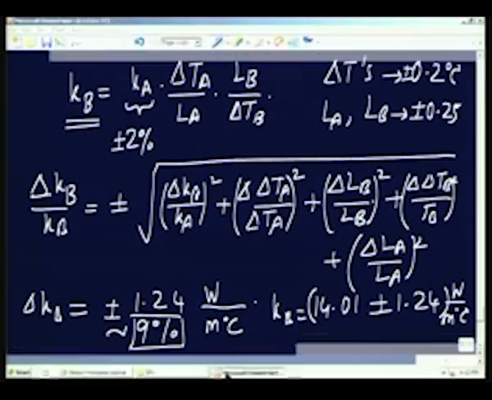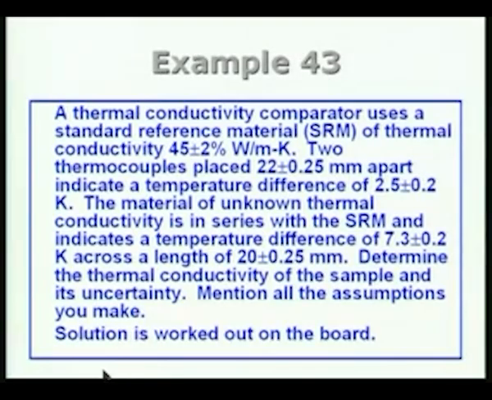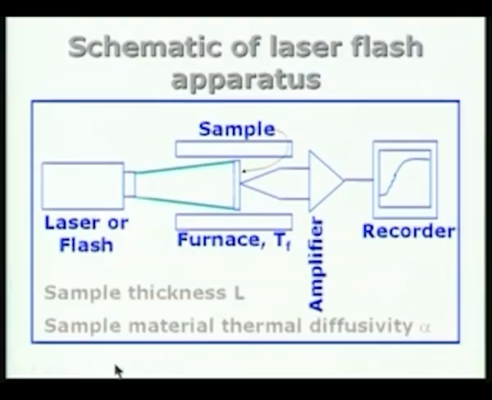So with this, we have looked at basically the measurement of thermal conductivity by steady state methods. What I will do now is to look at the measurement using an unsteady method. A typical example I am taking is the laser flash apparatus.